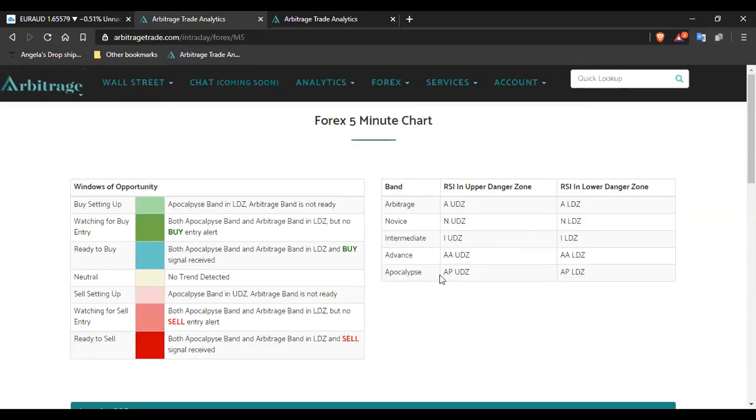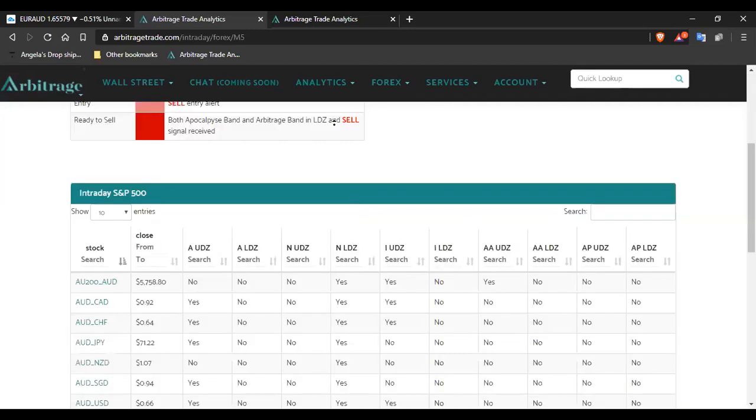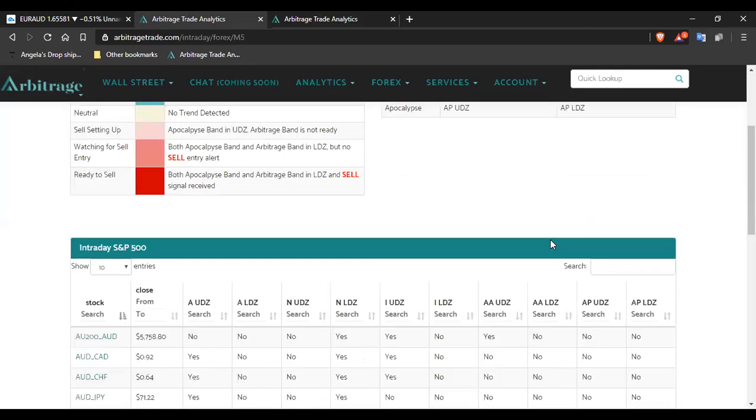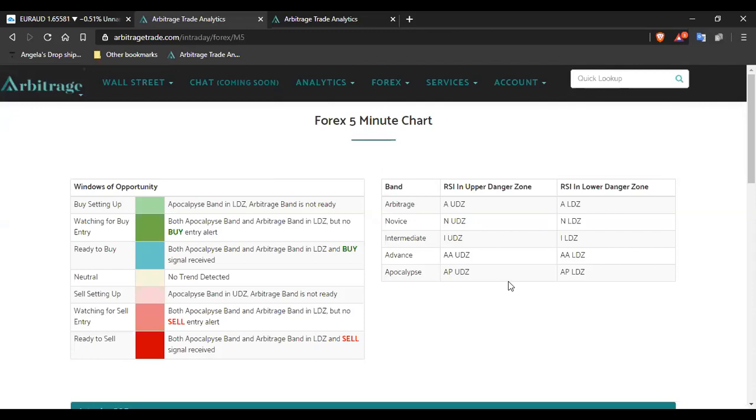Daily, looking for intraday setups, I come to the Forex 5 minute chart and what I'm looking for is the apocalypse setups: if the RSI line is in the upper danger zone or in the lower danger zone.